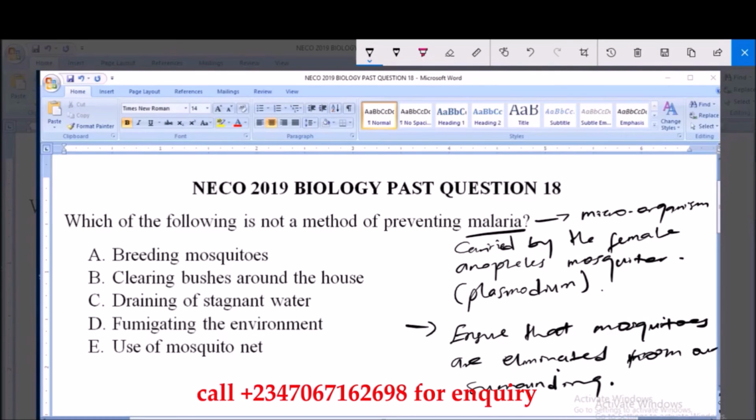Breeding mosquito simply means cultivating mosquito, and cultivating mosquito will not prevent malaria. It will only increase its prevalence in our surroundings. Option B says clearing bushes around the house. Yes, clearing of bushes around the house will help to prevent malaria.